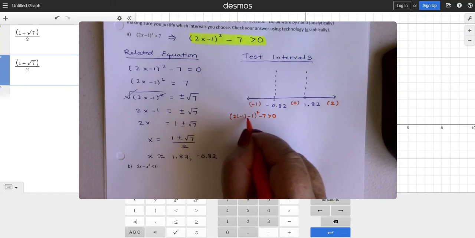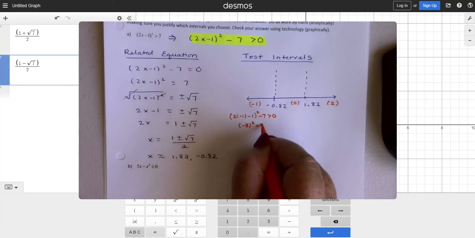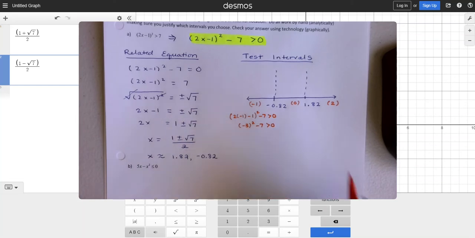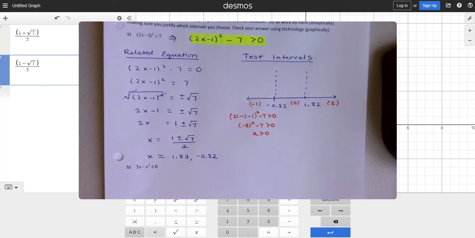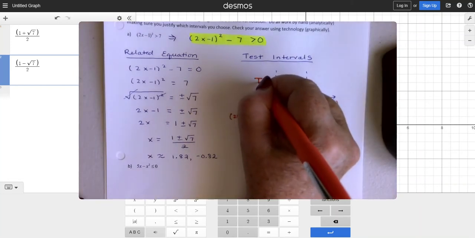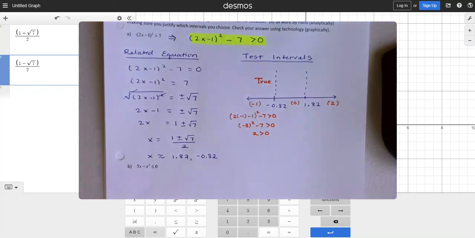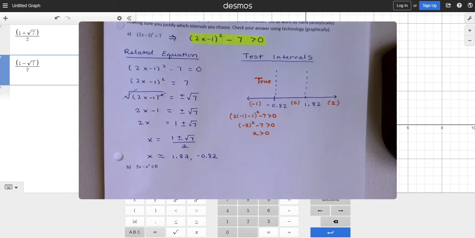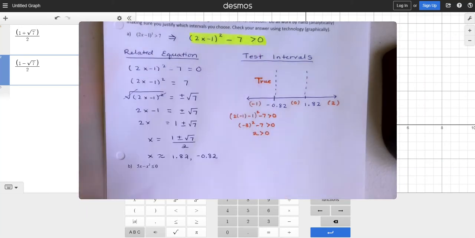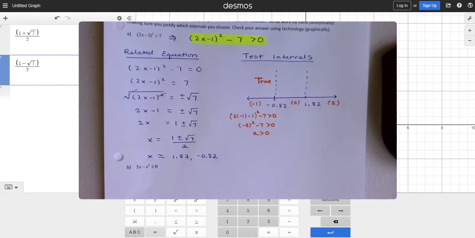That would be -3 squared minus 7 is greater than 0. And 9 minus 7 is 2, which is greater than 0. So I'm just going to mark that with a true, or just a T if you like. My inequality is true in that whole section of the graph. I only had to pick one test value because it doesn't change from positive to negative within these sections.